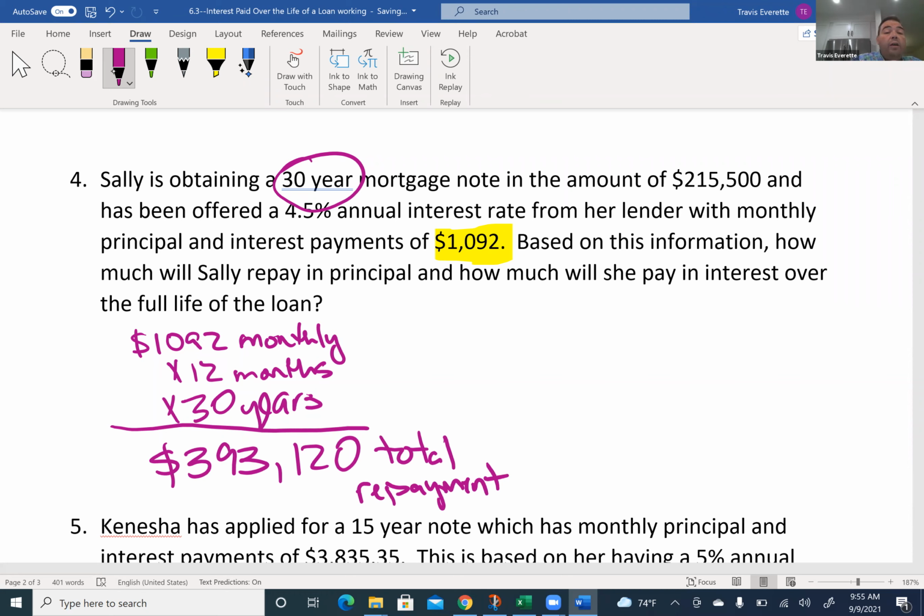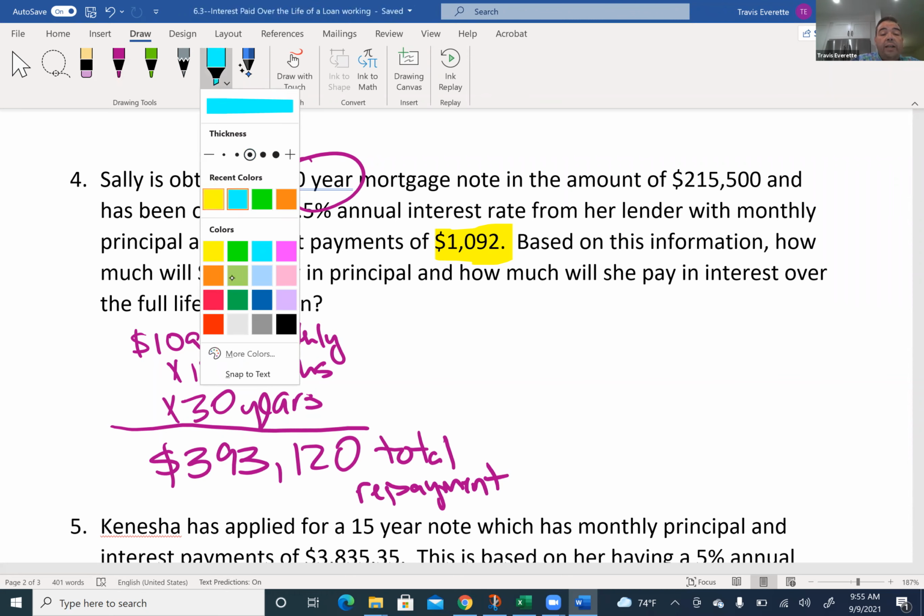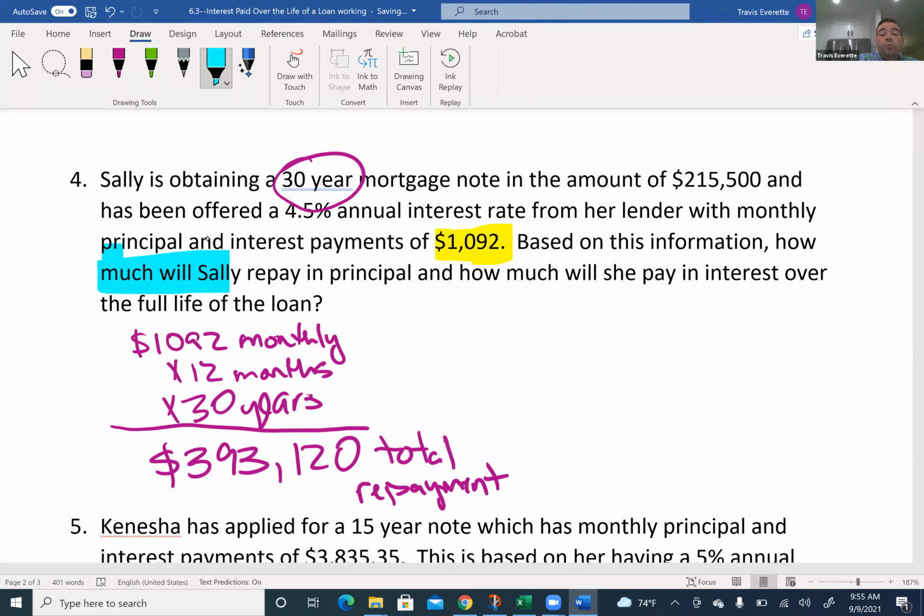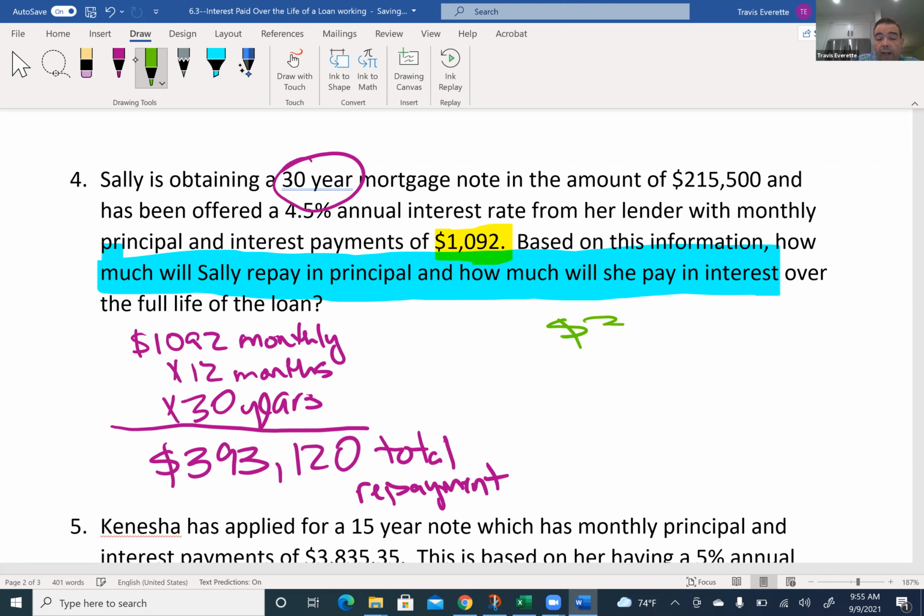But they want to know very specifically, how much will Sally repay in principal and how much will she pay in interest? So they want us to break that repayment up into its pieces. So let's take a look at that. $393,120 is our total that's repaid.